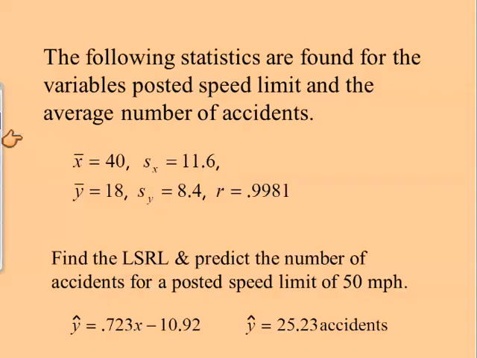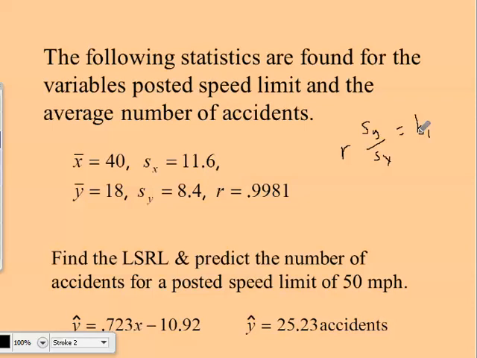We're going to find b1. Okay, so I'm going to get my pencil here. Okay, I've got my pencil. I'm going to take r times s sub y divided by s sub x, and that's going to be equal to b1. So let's just plug those values into a calculator.